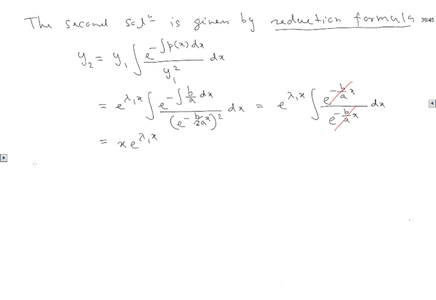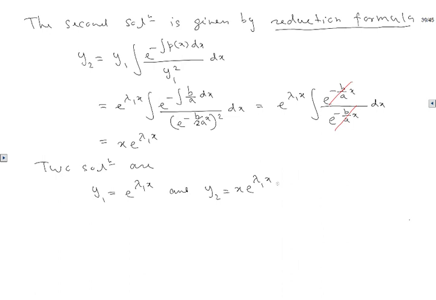So the two solutions are one is y1, e to the lambda 1x, and the other solution is y2, which is x e to the lambda 1x.